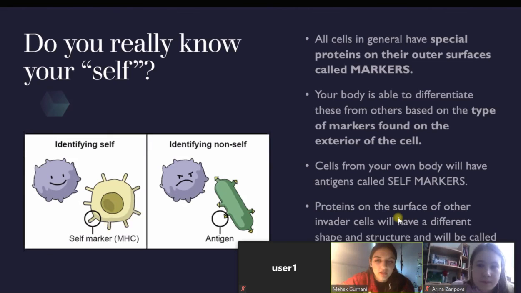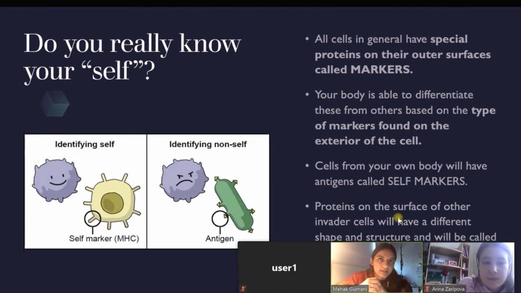So we have special markers or special shapes of proteins that are found on our surface, like these protruding structures. And in humans, these types of proteins are called MHC proteins. It's a little more complex than you need to know, but it's a special type of protein that's only found in humans.